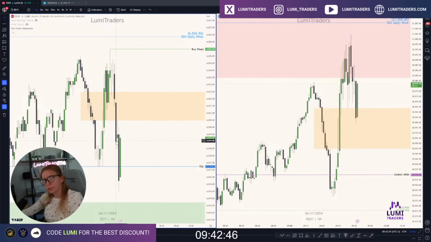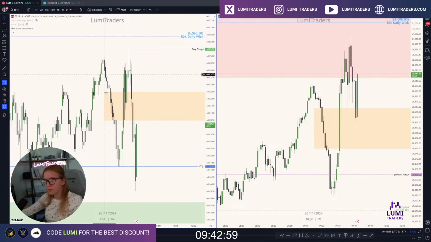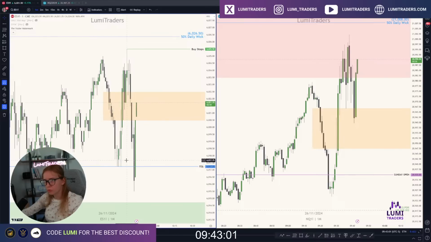If we get a change in the state of delivery on 1 minute, 2 minute, it may trace back to buy stops right here and make a new high of the day, because in my opinion, main lows are already taken.